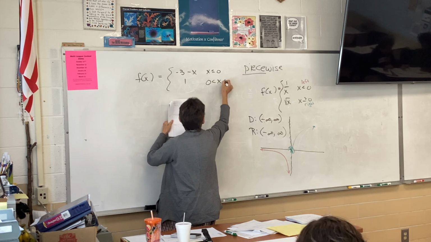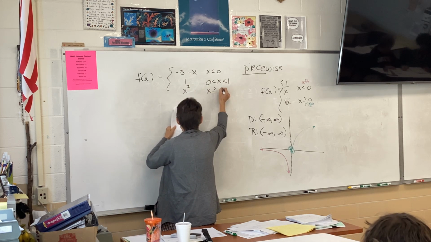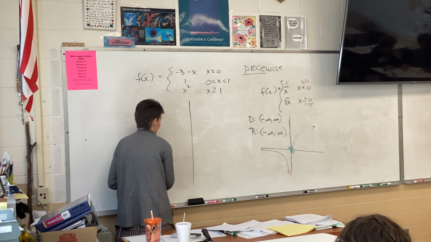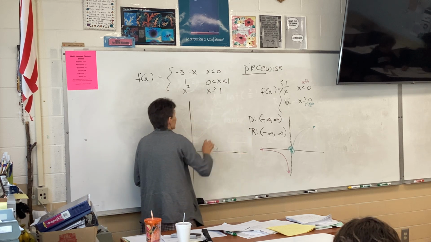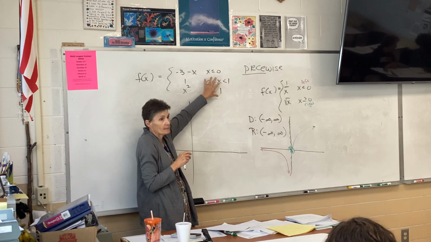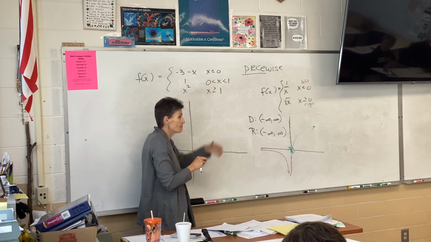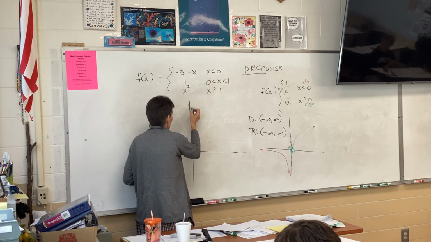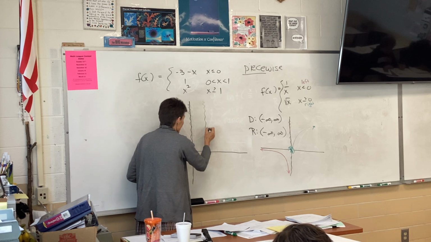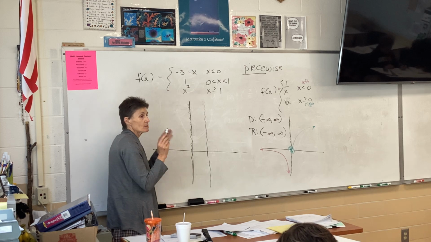Especially with the zero. This was a little more complicated because there's two things over here. That means my picture is broken twice. It's broken at 0 and it's broken at 1.